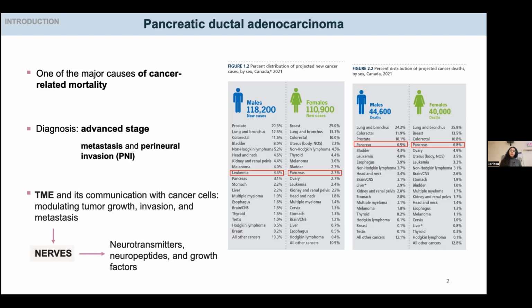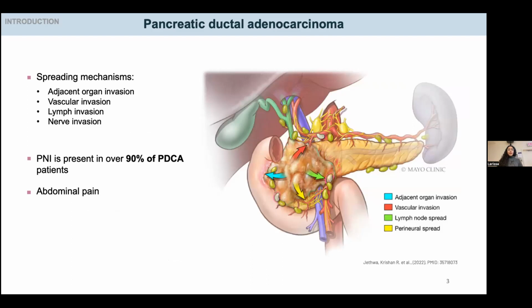These nerves have the potential to influence the progression of the tumor, for example, by secreting neurotransmitters, neuropeptides, and growth factors. Therefore, understanding these interactions is essential to gaining insights into how a tumor behaves and how we might develop more effective treatments.